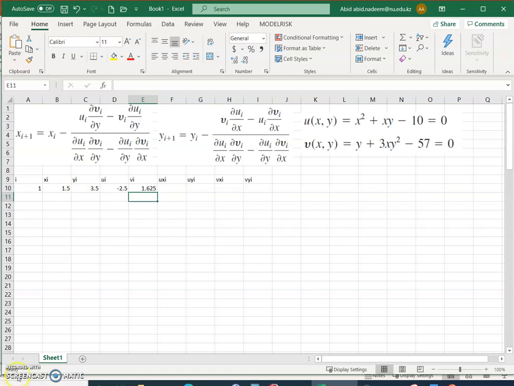Next I calculate uxi, uyi, vxi, and vyi. For this it is better if I take the derivatives and then put them over here.